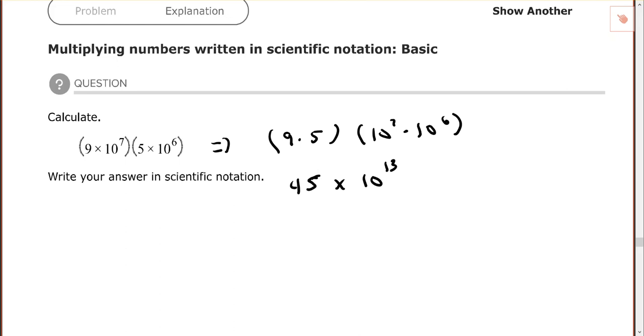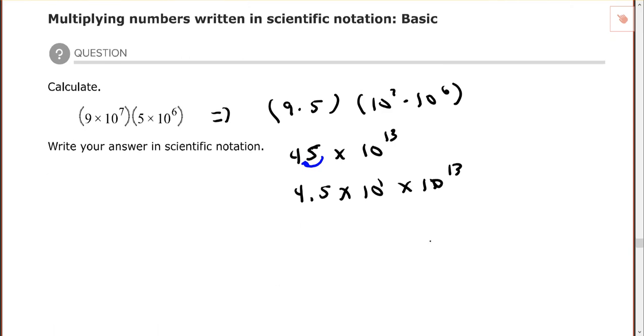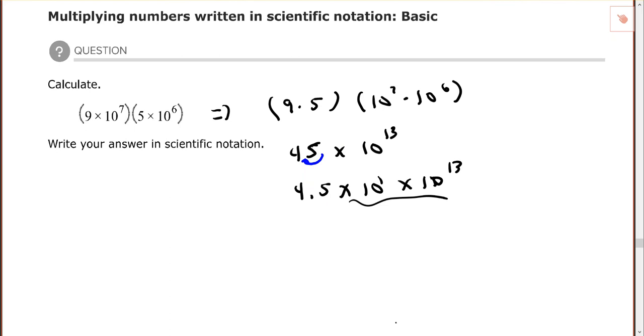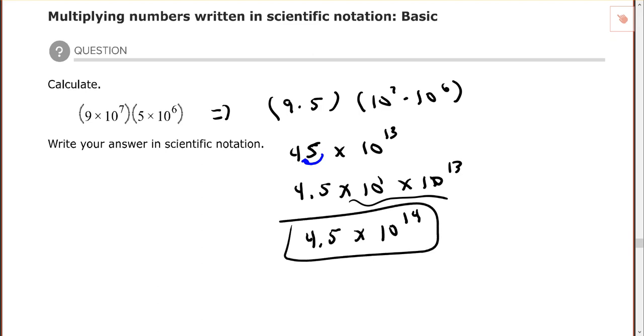That means I need to move my decimal over one place to the left. So we have 4.5 times 10 to the first, since I moved my decimal over one place, and then we need to bring down this times 10 to the 13th. Combine those two. You get 4.5 times 10 to the 14th.